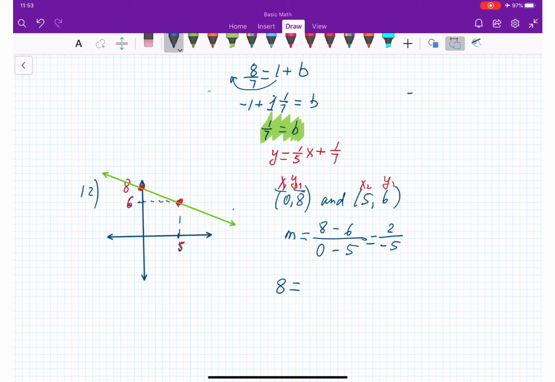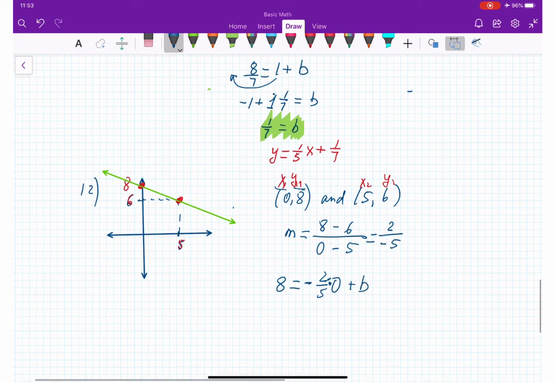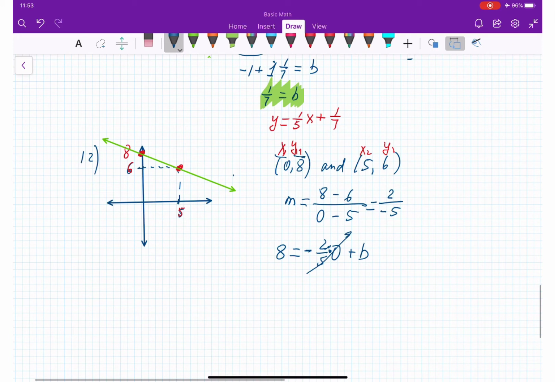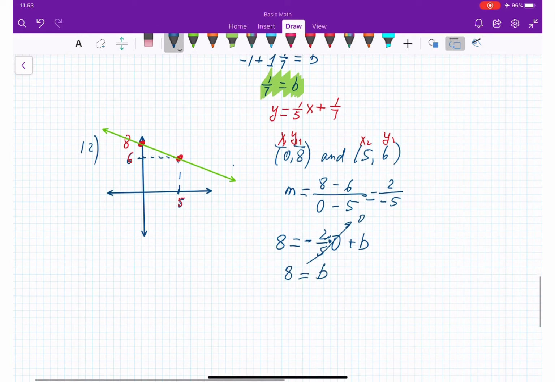The slope is negative 2 over 5x, and then negative 2 over 5 times 0, and plus b. So we get negative 2 over 5 times 0, it's going to be 0, and our b is going to be equal 8.